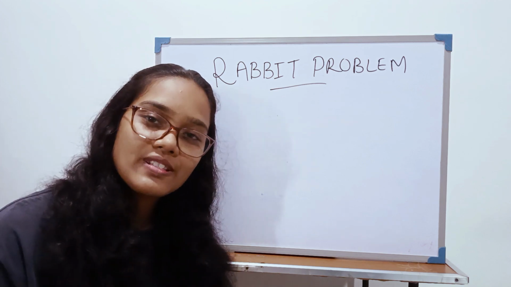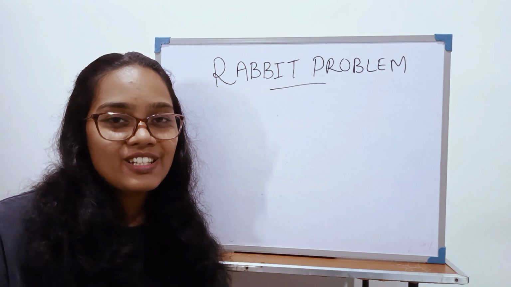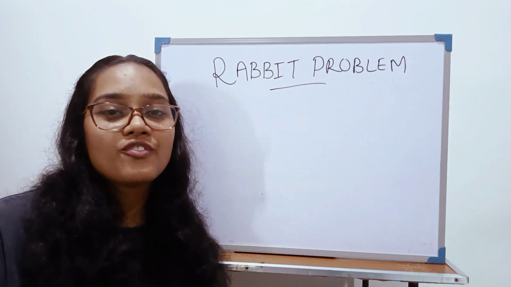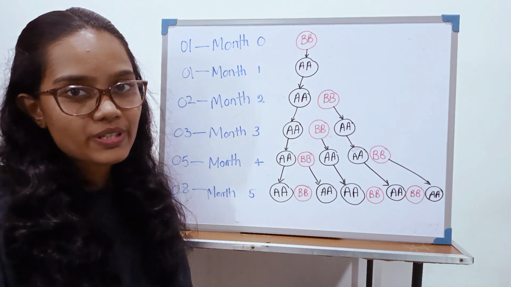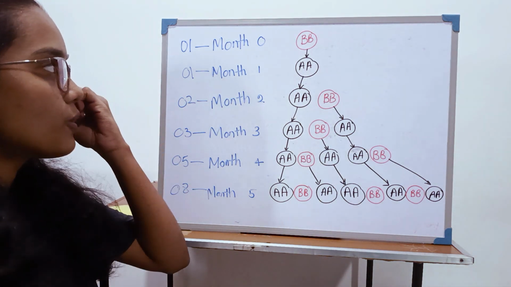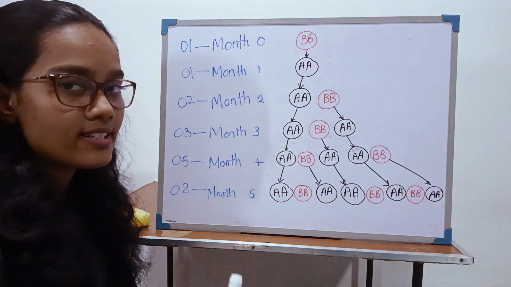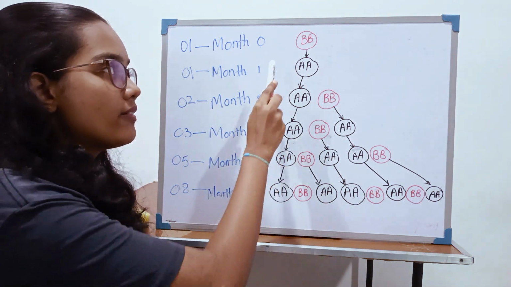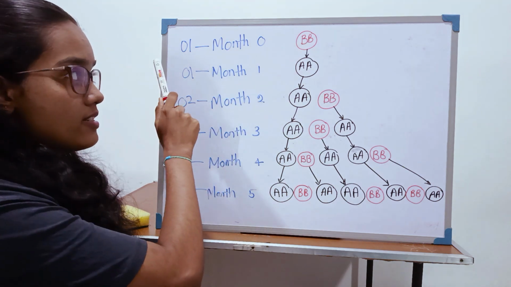So this may sound simple to you, but this leads to one of the famous patterns of maths, which is the Fibonacci sequence. Now let me explain this further with a little drawing. As you can see, in month 0, as I mentioned earlier, we have a pair of baby rabbits. Now our total pair of rabbits is 1.